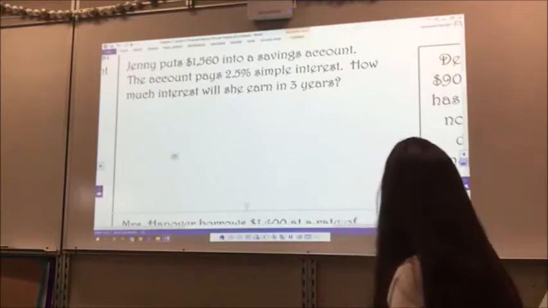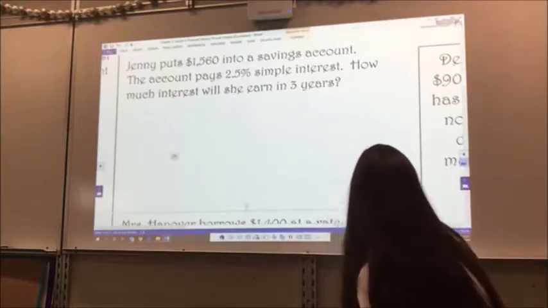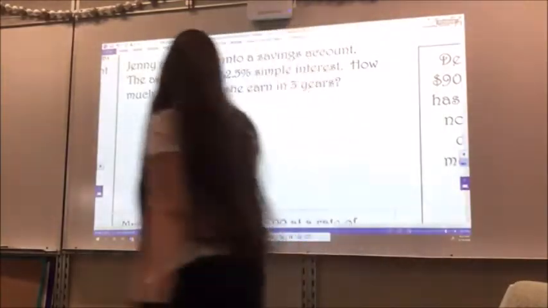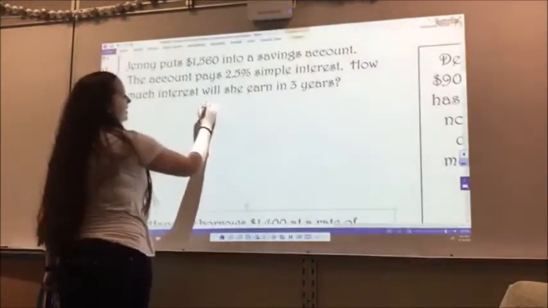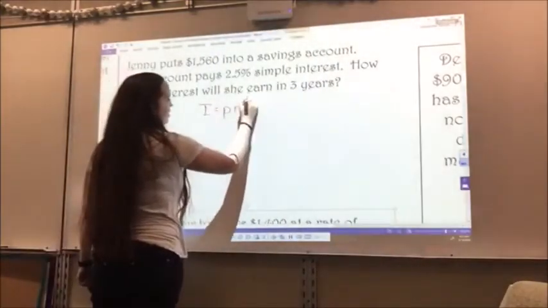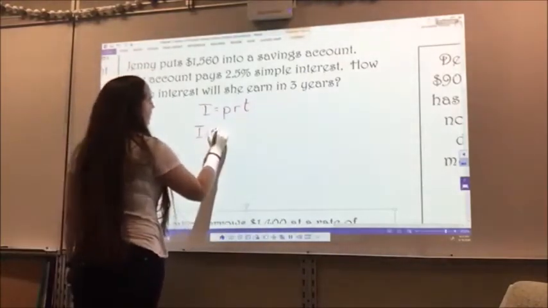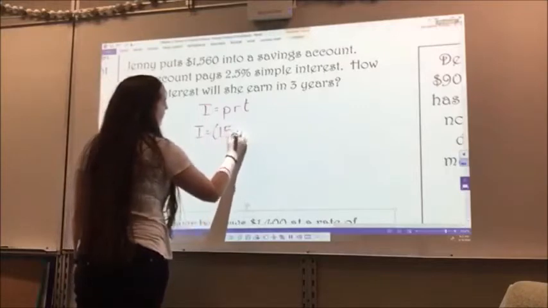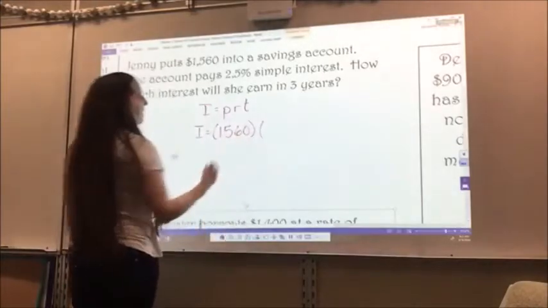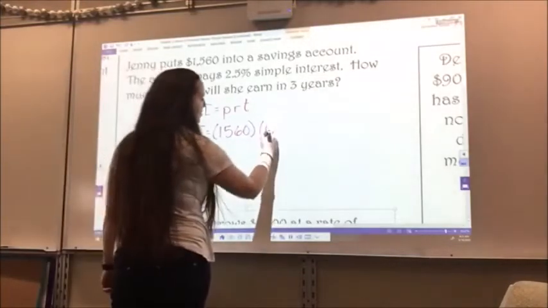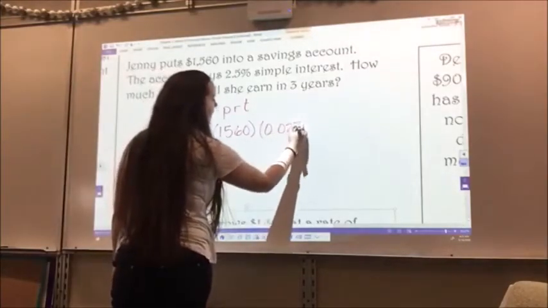So, okay, I know my principal. Remember, our formula is P times R times T. So I know my principal is $1,560. My interest rate is 2.5%, which I'm going to change to a decimal, which is 0.025.